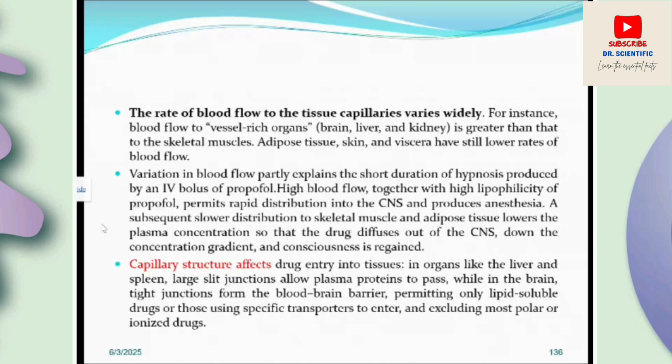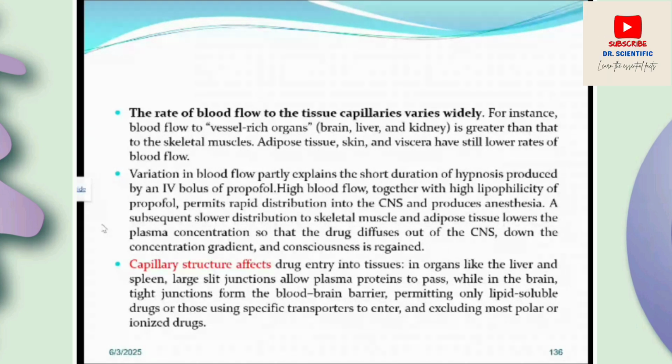Now let's move through the slides that actually explain this. Mika, you are speaking, so just read that slide. The rate of blood flow to the tissue capillaries varies widely. For instance, blood flow to the vessel-rich organs, which are the brain, liver, and kidney, is greater than that to the skeletal muscles. Adipose tissue, skin, and viscera have still lower rates of blood flow. Variation in blood flow partly explains the short duration of hypnosis produced by an IV bolus of propofol.